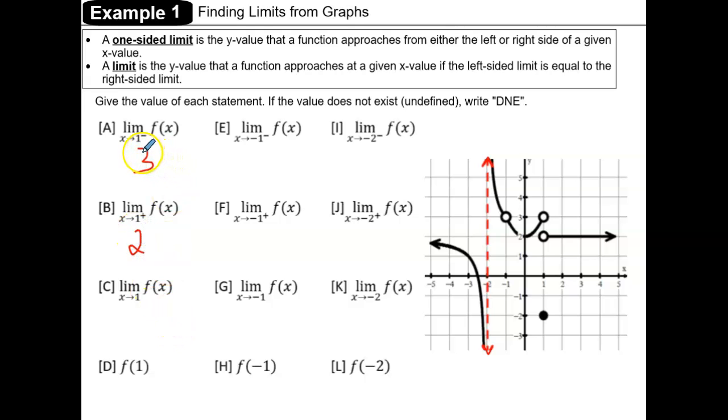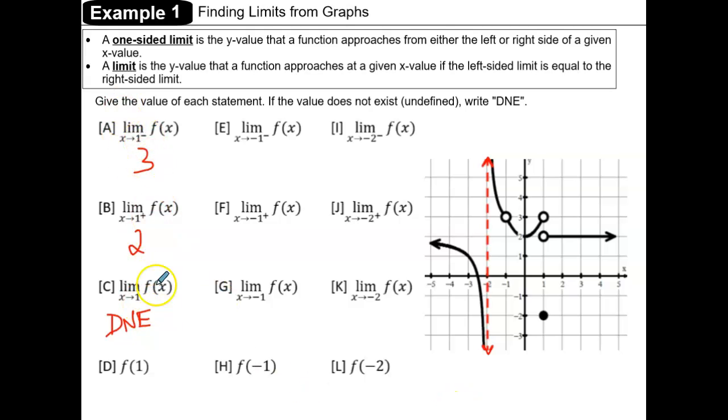Now the left-sided limit and the right-sided limit do not equal each other. So the limit as x approaches 1, the overall limit, not coming from the left or the right, but from both directions, does not exist because they're not coming together at the same value.